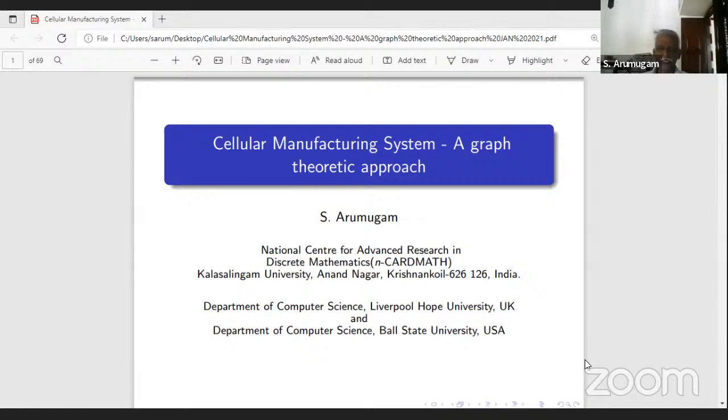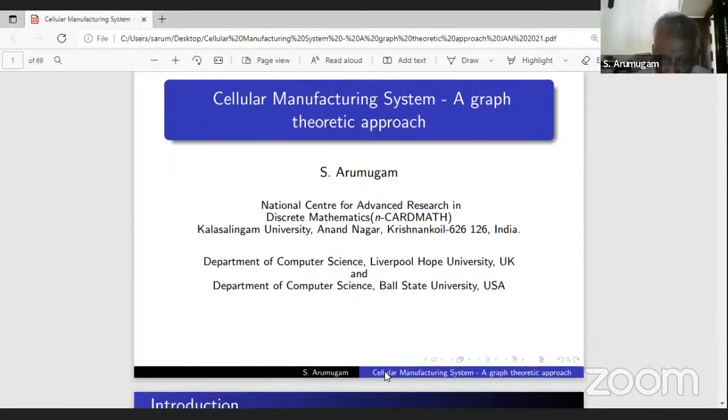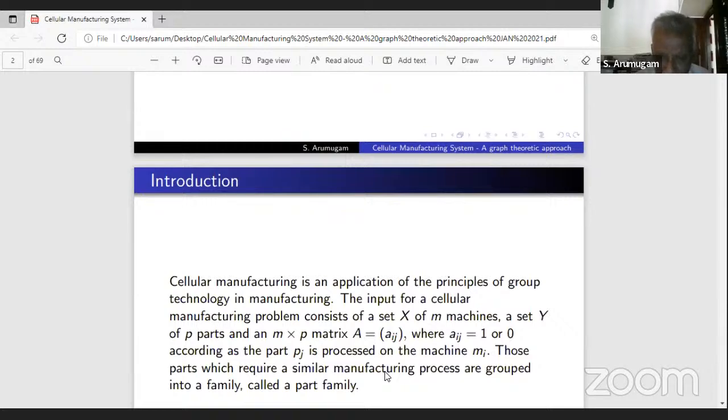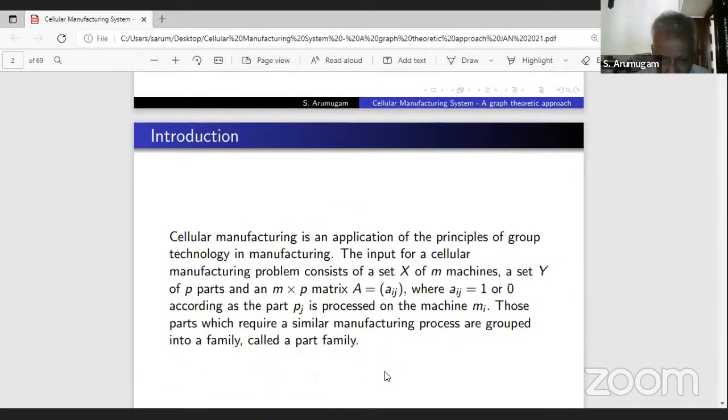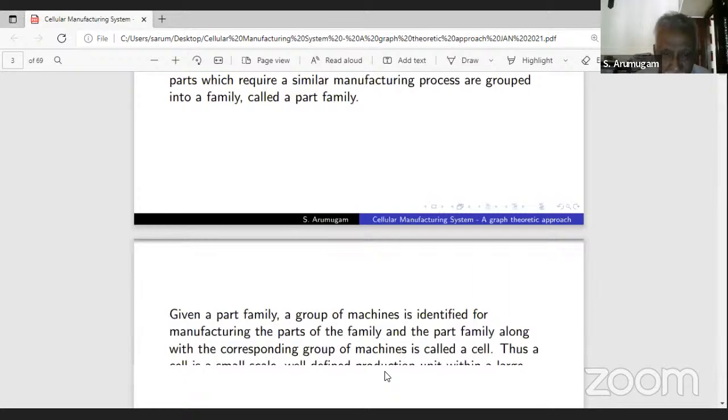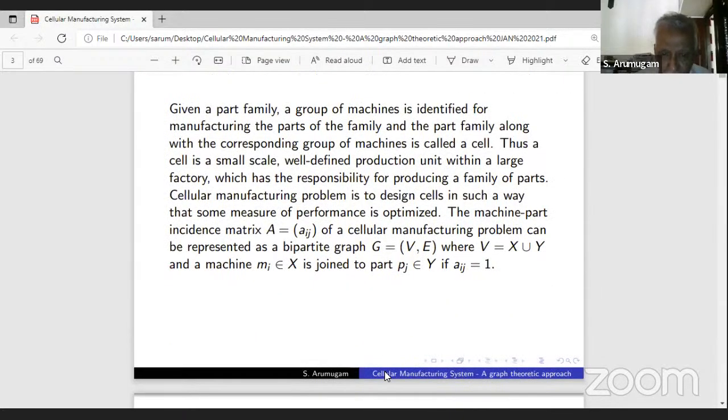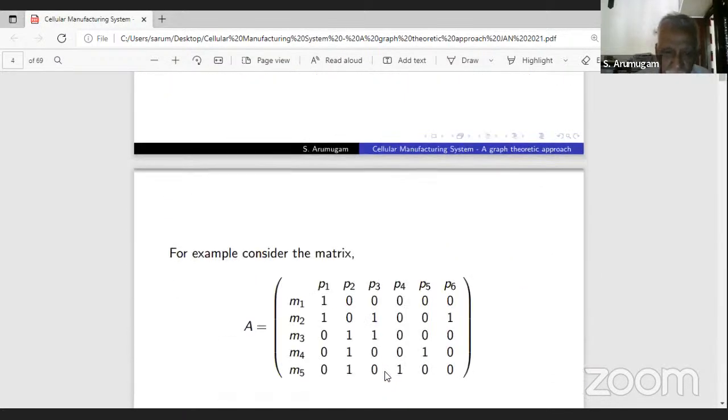Now the problem is to divide the large manufacturing system into small cells where each cell is a well-defined unit of the whole system.